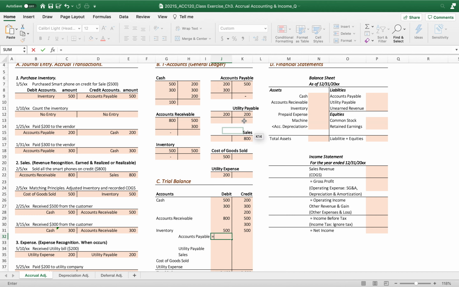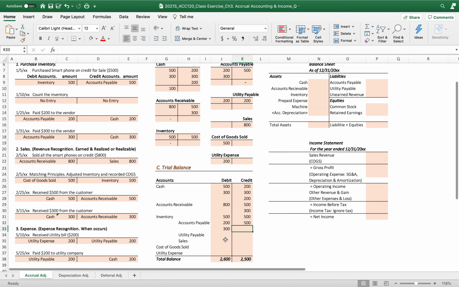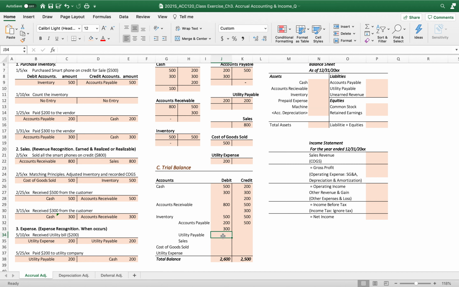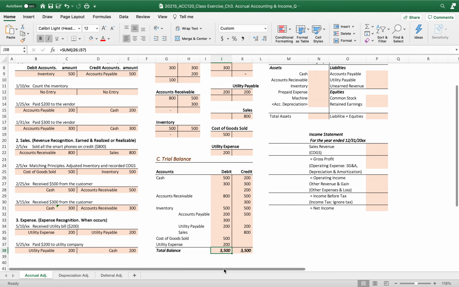And then accounts payable on the debit side when the company paid, and this 500 on credit, and then the utility payable when they receive the bill and then pay out. And then sales is the credit account, only one, and the cost of goods sold 500, then utility expense 200. Okay, so we balanced out, so there's no mistake.